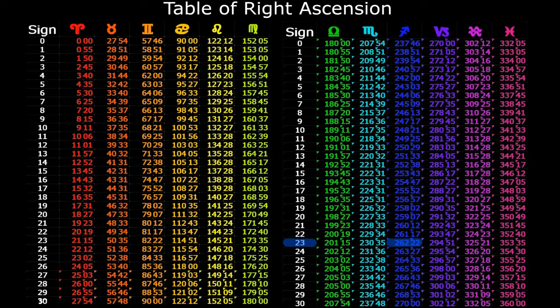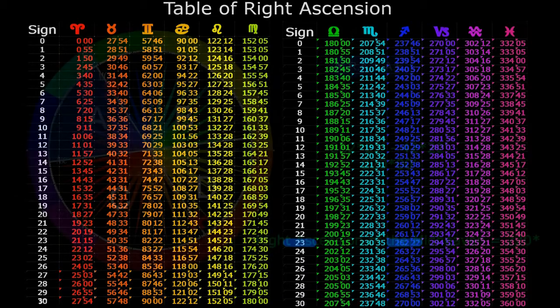So back to this rectification. On the right ascension table, to determine the right ascension this way, we can see that Jupiter is at 23 degrees Sagittarius. So we go to the sign degree, 23, and then over to Sagittarius. And we take the larger value, which for this particular case, Jupiter's right ascension is at 262 degrees, 22 minutes.